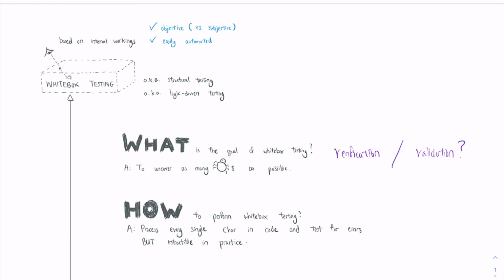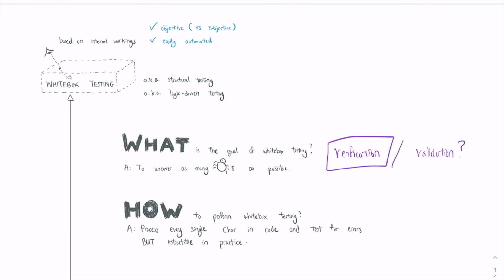The answer, as I've already mentioned, is that because we are trying to figure out the right way to implement things, and not really to figure out how to implement the right features, this kind of goal falls more under the notion of verification.